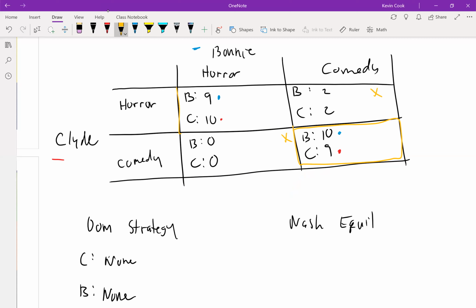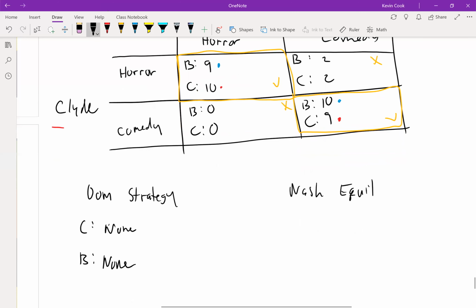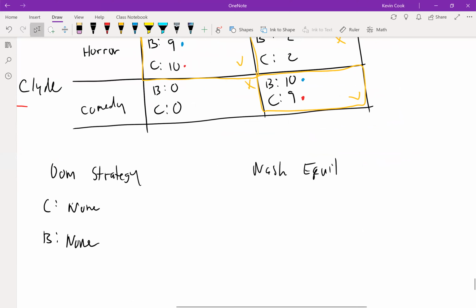But then if we also look at this one, where they're both in the horror film, if Bonnie switches, she'll become worse off. If Clyde switches, he becomes worse off. So just like the one down here, both of these will be Nash equilibrium. So our Nash equilibrium we can phrase in a couple ways.